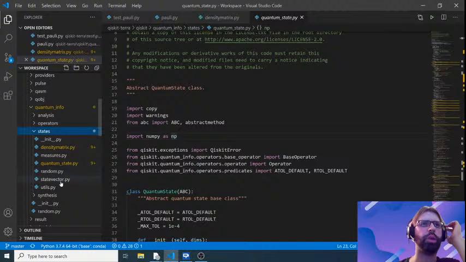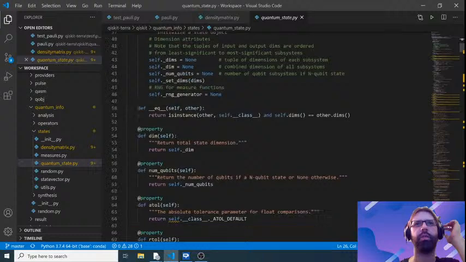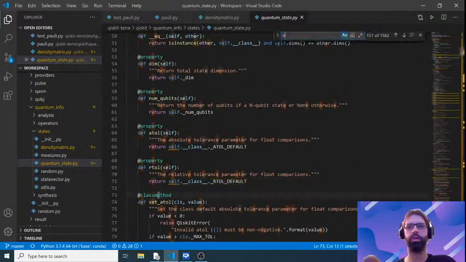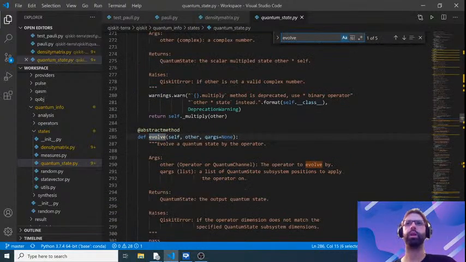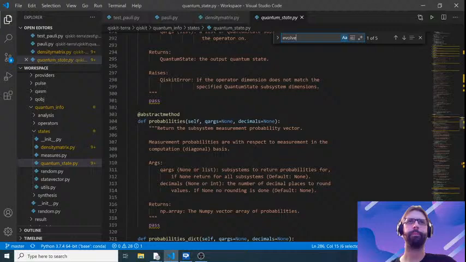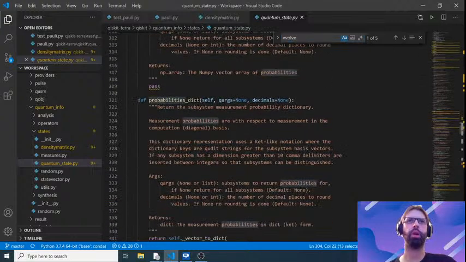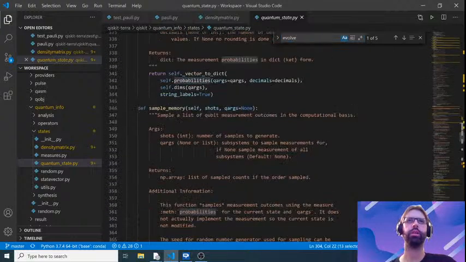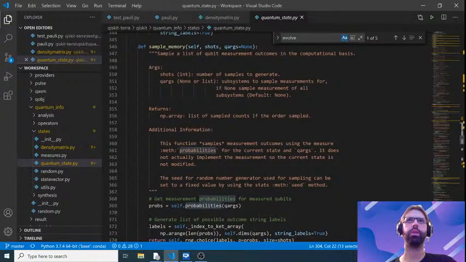But it doesn't seem to be anything else other than stuff for quantum state. So can you just take a state and do some advanced stuff, like evolve the state or something? Oh, nice. Okay, so you can actually query for probabilities and stuff like that. Sample memory.